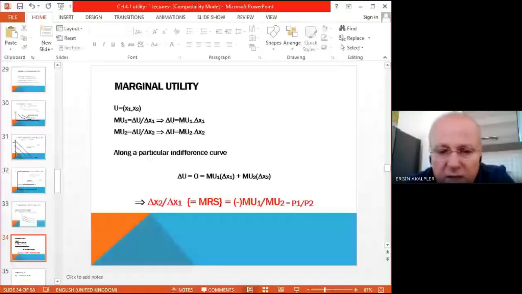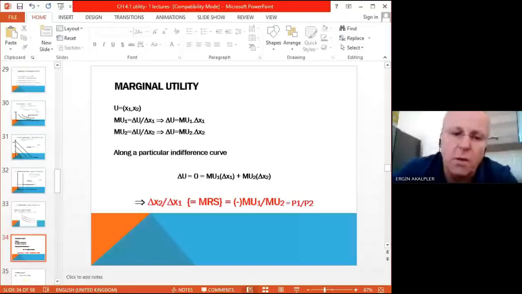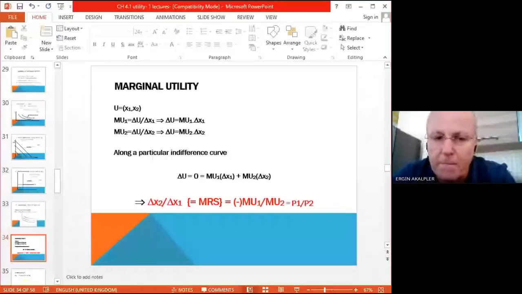If it is equally distributed, then marginal utility 1 multiplied by delta x1 plus marginal utility 2 multiplied by delta x2, because we are putting these two equations together in a given sum. Delta u is the same, because we are supposing that the utility on the same indifference curve should be equal.